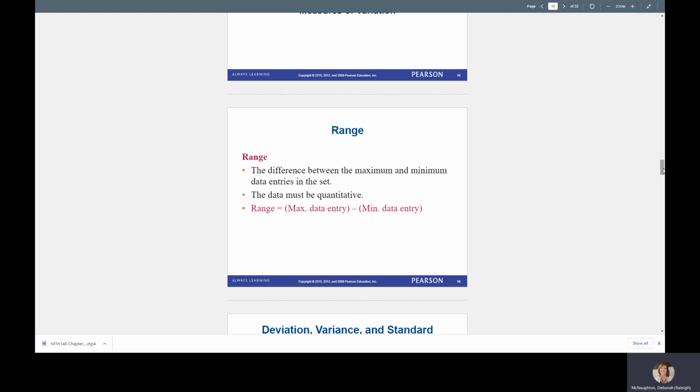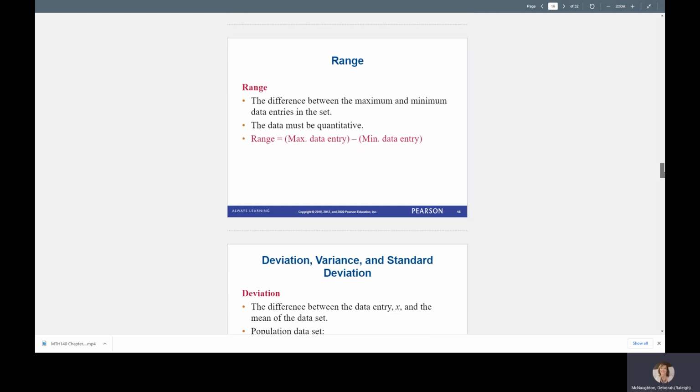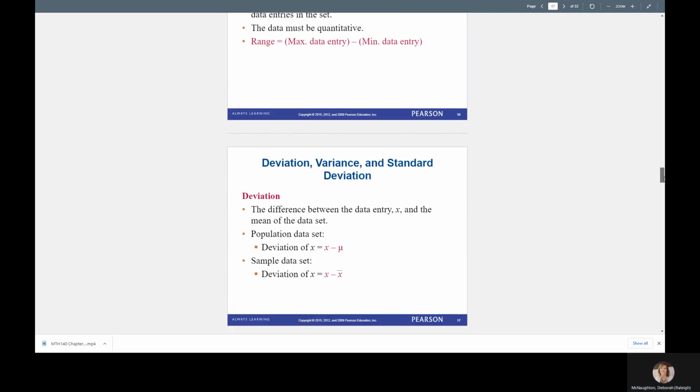It does tell us something about how spread out the data is, but it's not really very useful because it's definitely affected by having a larger or a smaller value. A larger maximum will make the range bigger, and a smaller minimum will make the range bigger. So just having that one number change makes a big difference in the range, but the advantage of it is that it's super easy to calculate.